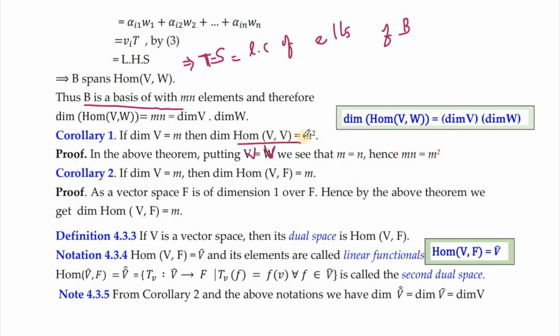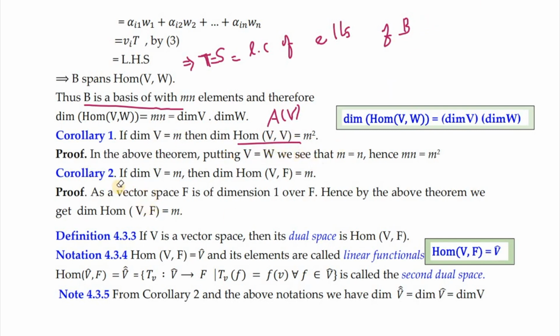So the dimension of Hom(V,V) is m squared. Later we are going to denote this Hom(V,V) as A(V). That's in chapter 6, A(V). So the dimension of Hom(V,V) is m squared if the dimension of V is m, because W is taken as V.